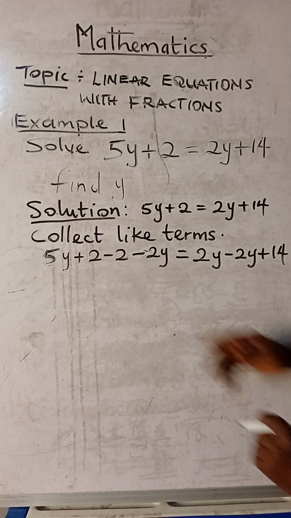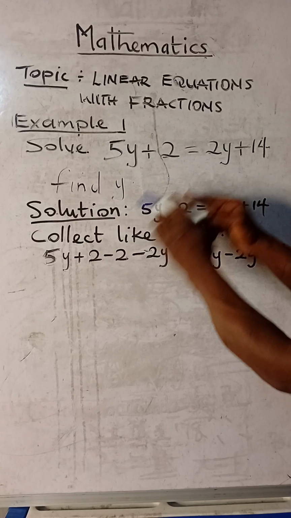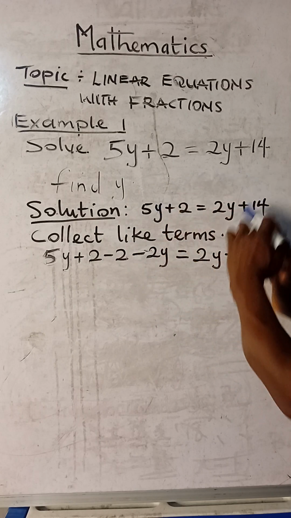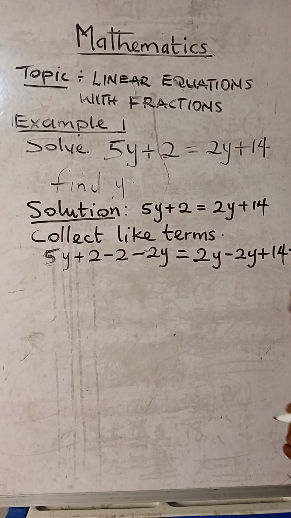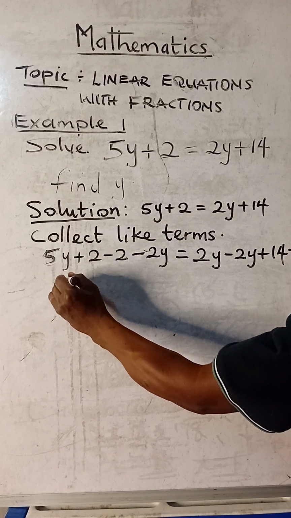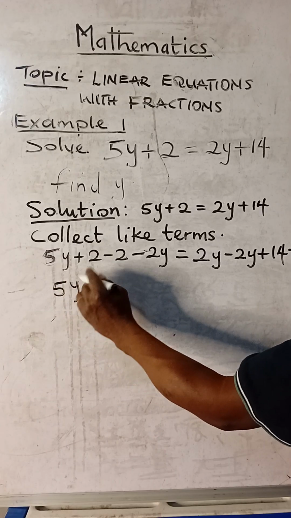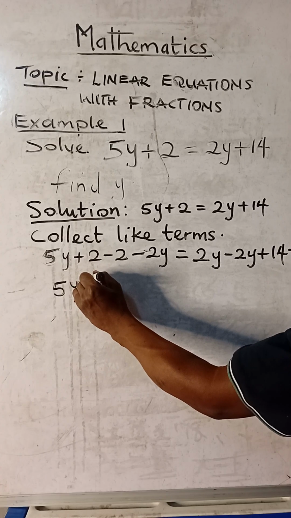Now, here comes this factor, meaning that you are bringing this one, this will be becoming minus, and you are taking this one, this will be becoming minus 2. So here, 5y minus 2y, 2 minus 2 gives us 0.